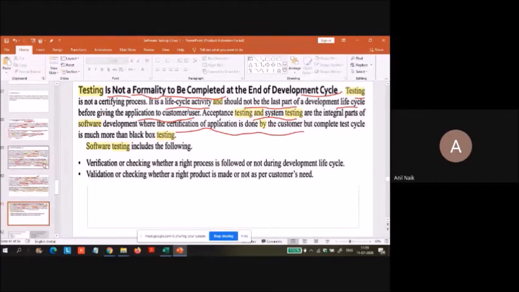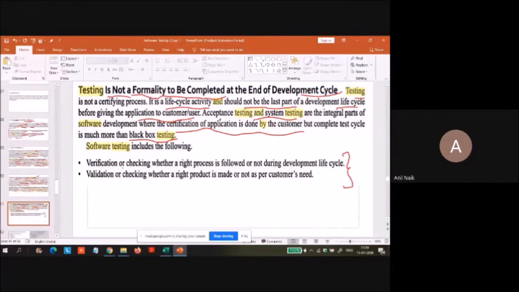But the complete test cycle is much more than black box testing. So we should not do the testing at the last only, but we have to go for verification and validation in the middle of the software development life cycle.